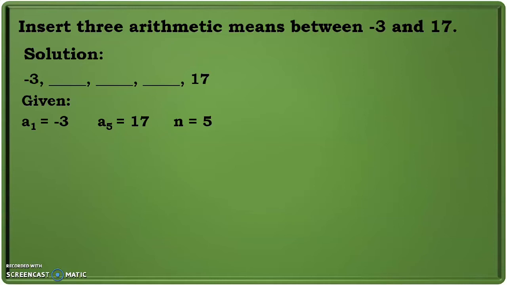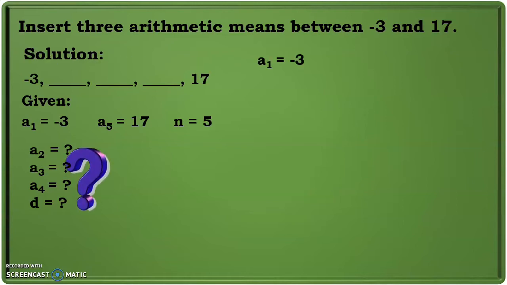So once again, you have to find the 3 arithmetic means, and before finding those arithmetic means, you have to determine first the common difference of the given sequence. So plug in negative 3 on the formula.